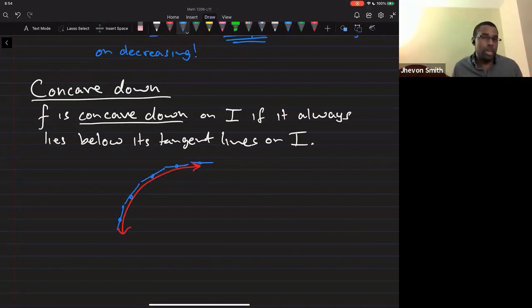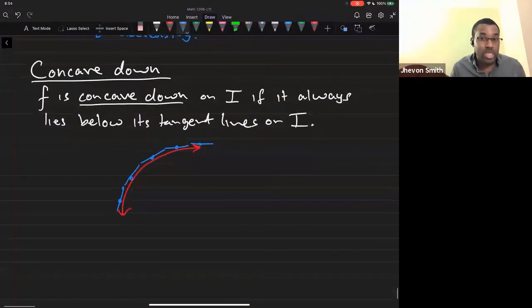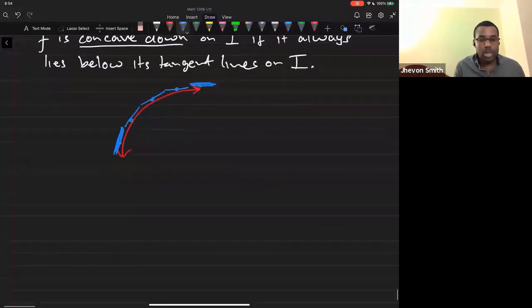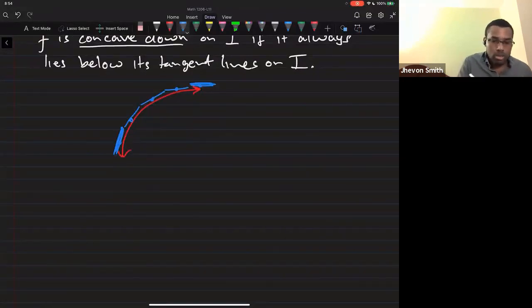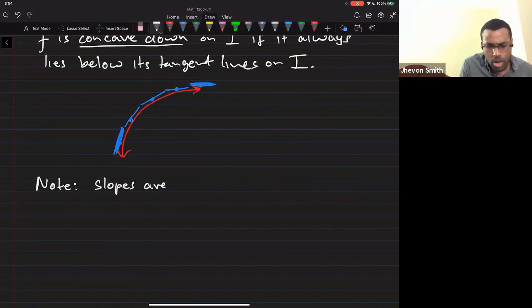Another thing you'll notice about the tangent lines is that their slope is decreasing. Here it was a very positive slope. Now it's like zero slope. You went from a positive number to zero. You're actually decreasing. So this gives you the criteria for concave down. Note, slopes are decreasing.